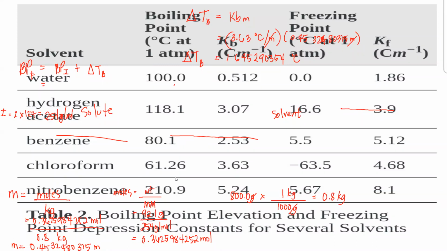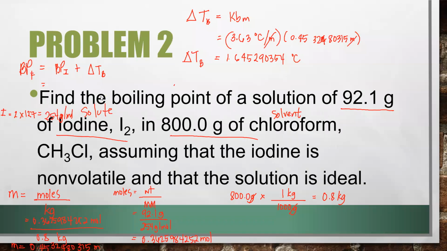It's 61.26. 61.26 degrees Celsius. Again, this is 61.26 degrees Celsius plus the change in the temperature is 1.645290354 degrees Celsius.